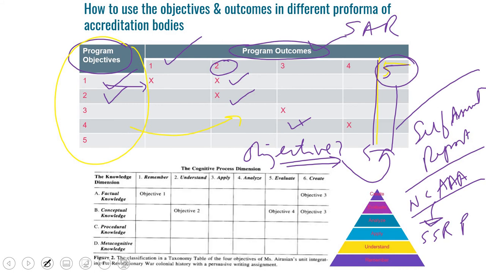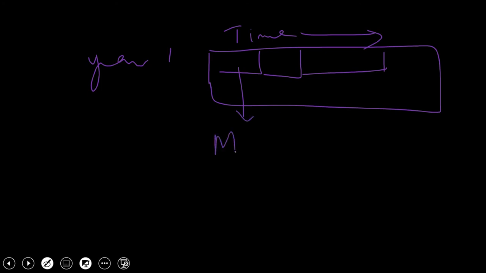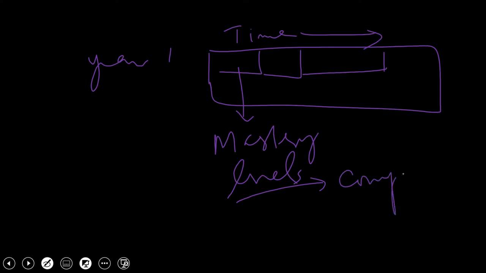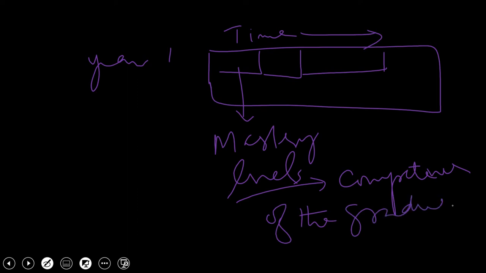This is technical, very technical, once you will be asked to go for assessment. For example, this is year 1, and you are in different blocks of the curriculum, and these blocks of the curriculum are the time duration. For every block, remember, you have to determine the mastery points, mastery levels. These mastery levels are in fact the competence of graduates.